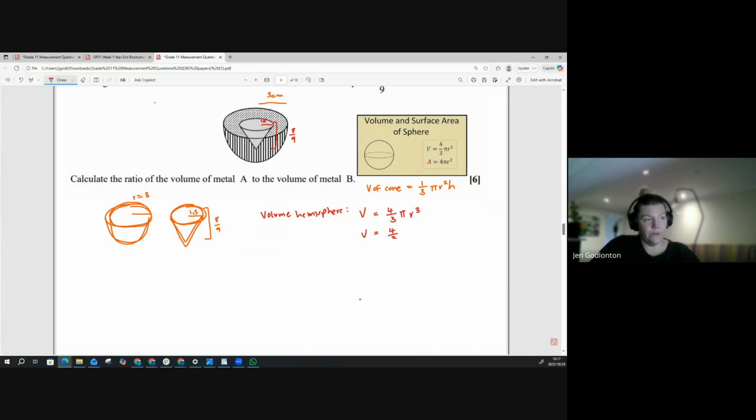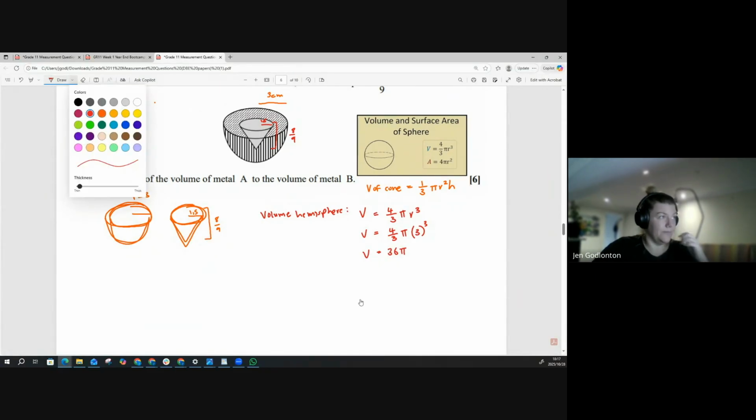So 4/3 pi times 3 cubed. That would be my hemisphere situation. So I'm just going to work that out and get a number. So times pi times 27. So this is going to give me 36 pi. That's my full hemisphere.